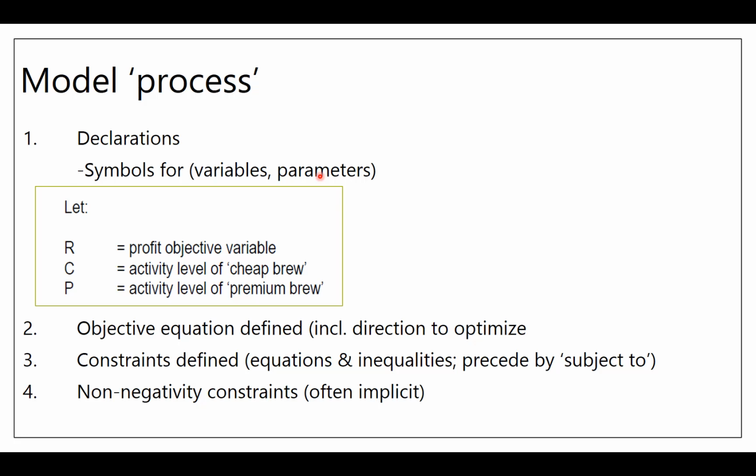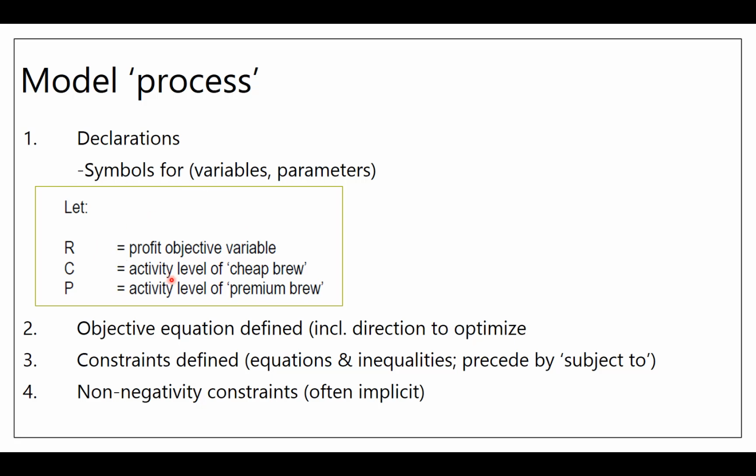We started this a little bit when we said let's label things and decide which are parameters of our problem and which are variables, and then we need those symbols as a shorthand. So we're going to use R for the profit or the objective variable, C for the activity level or the production level that goes with the cheap brew, and then P for the premium brew.